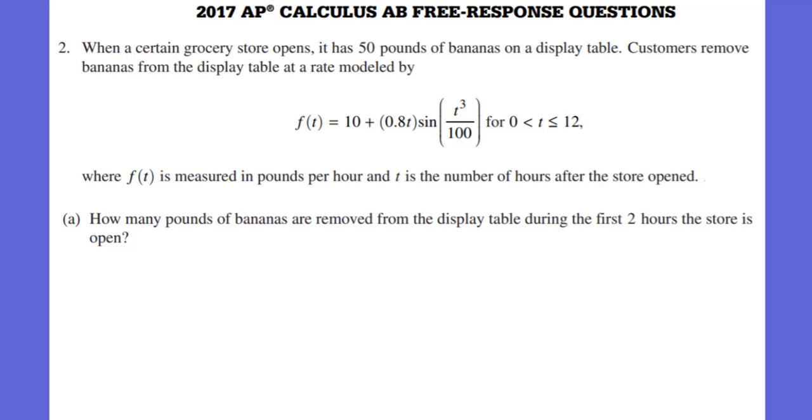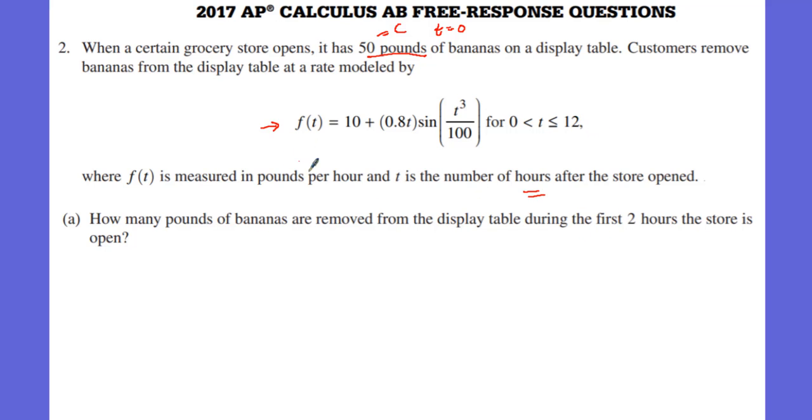I want to give you one AP Calculus example. This is from the 2017 exam. It says when a certain grocery store opens, it has 50 pounds of bananas on display. That's your constant, what we start at when t = 0. Customers remove the bananas at this function right here from 0 to 12, and that is in hours, isn't it?